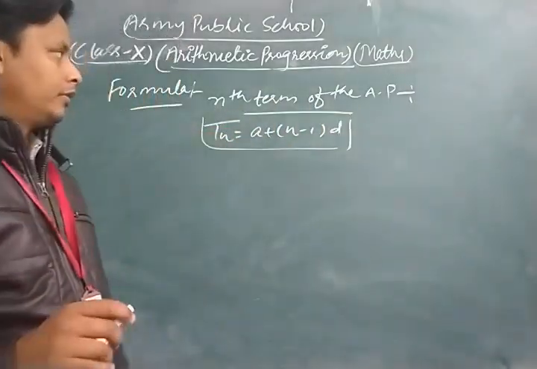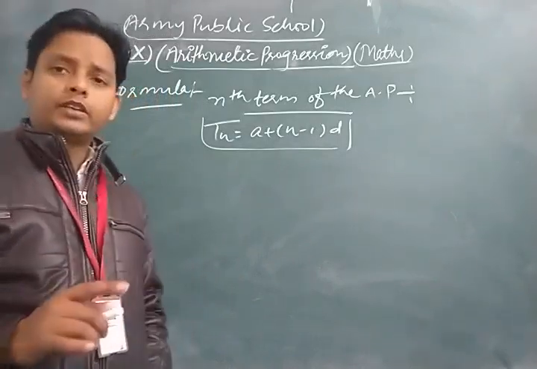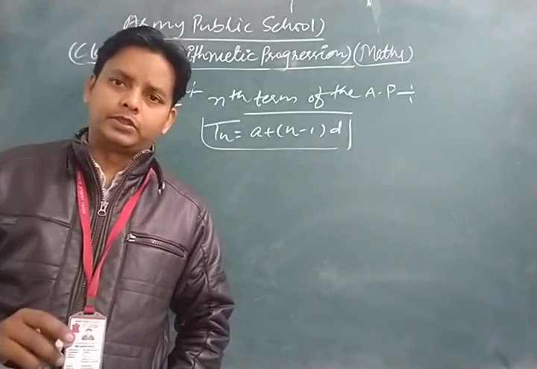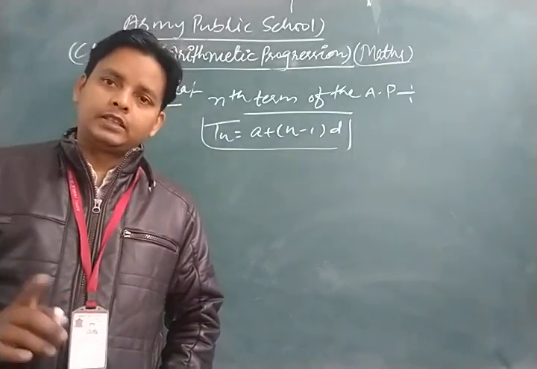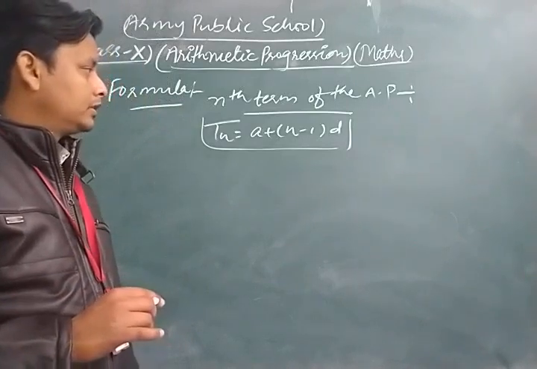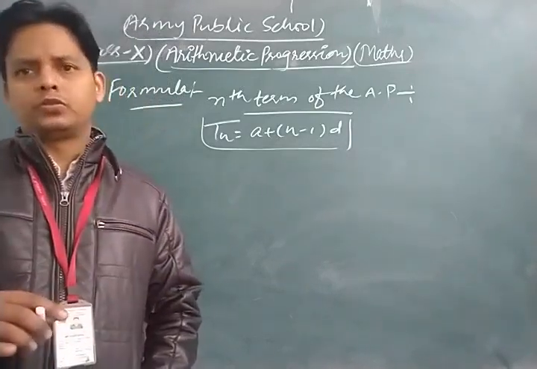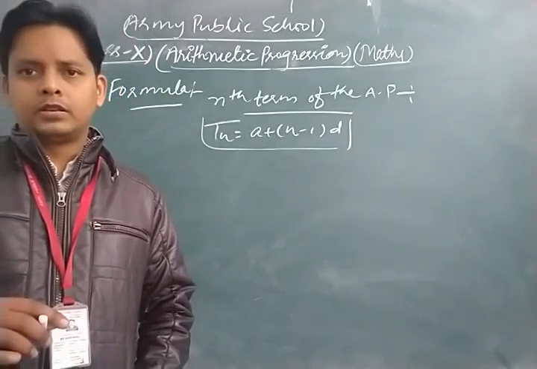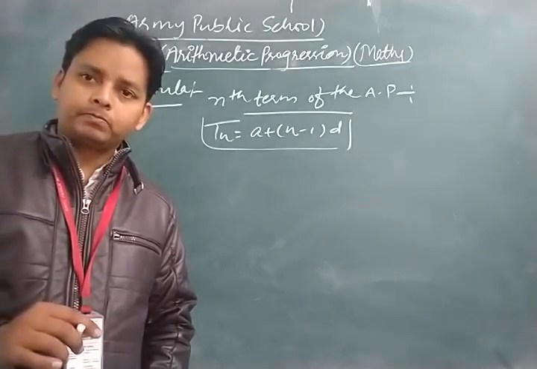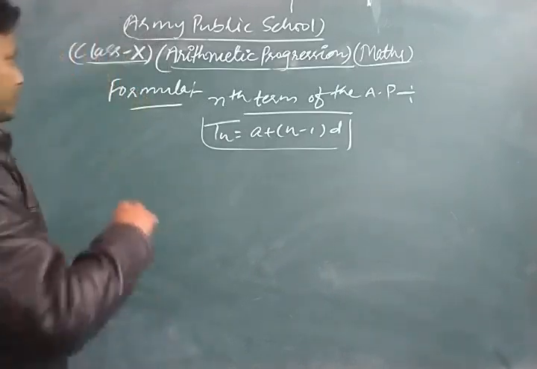Here a is the first term, d is the common difference, and n is the number of terms. So the nth term is equal to a plus (n minus 1) into d. Okay, now this is the first formula.